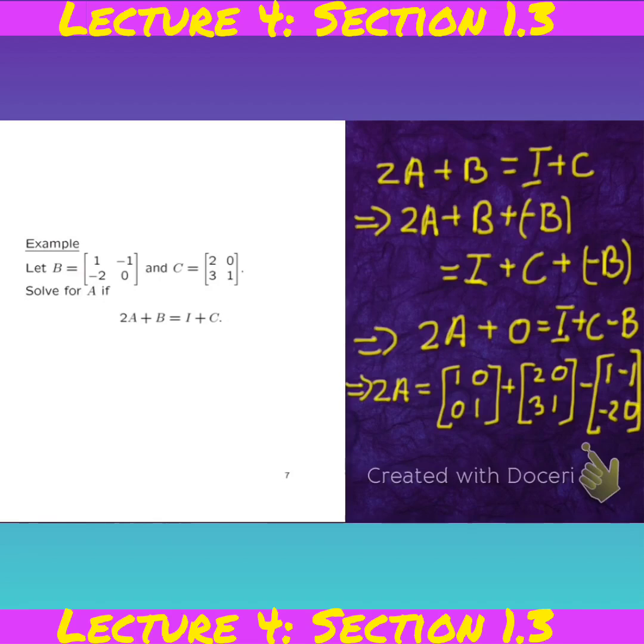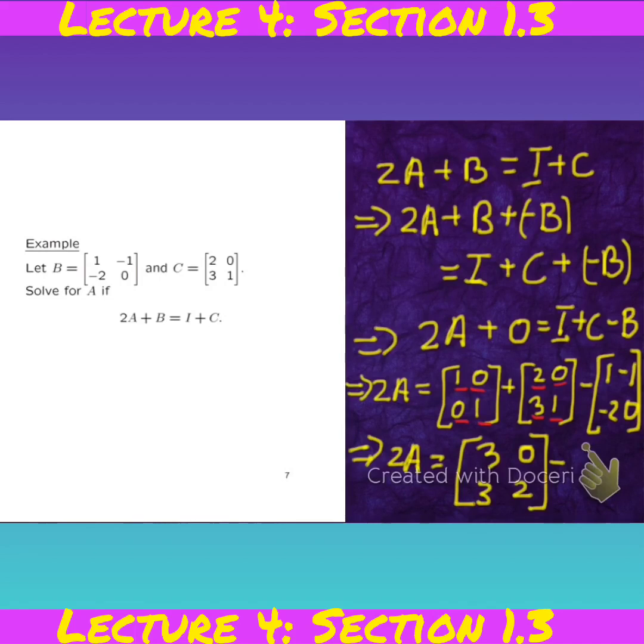And then again, simplifying further, we first add the two matrices, the identity matrix with C, and we apply the same principles. So it's 1 plus 2, which is 3. Then it is 0 plus 0, which is 0, and 0 plus 3, which is 3, and then 1 plus 1, which is 2.